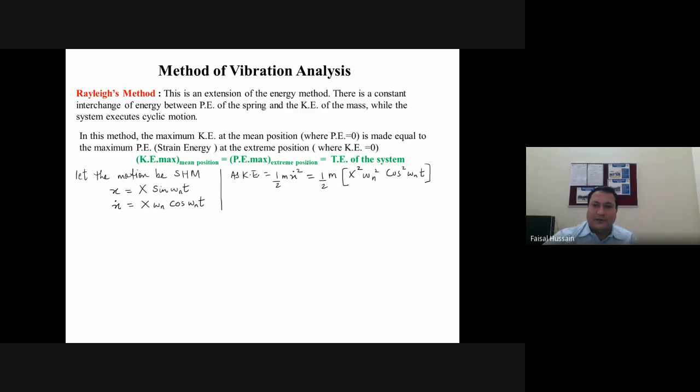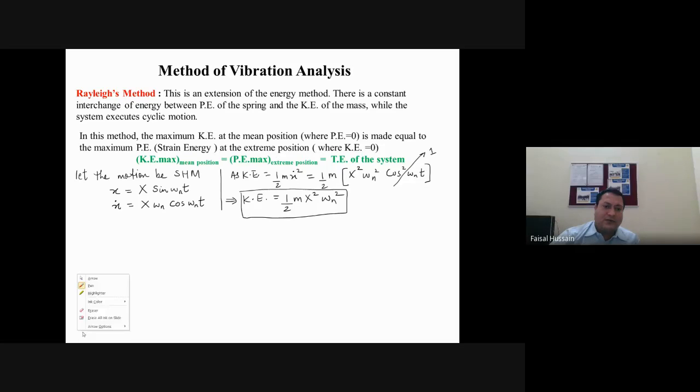Basically, this cos square ωn t is approximately equal to 1. So my kinetic energy will be half m X square ωn square. This is my kinetic energy.